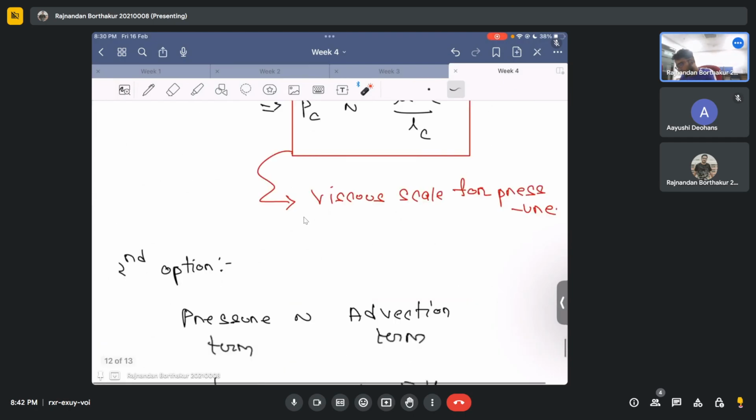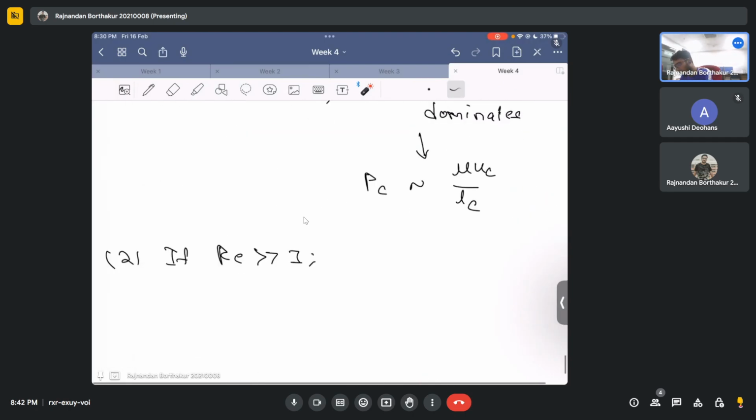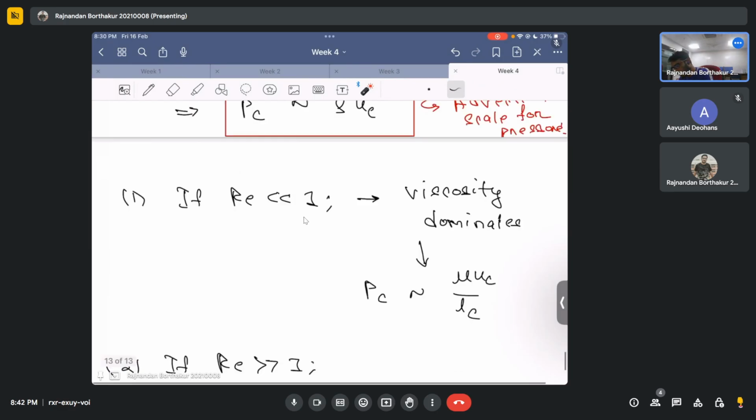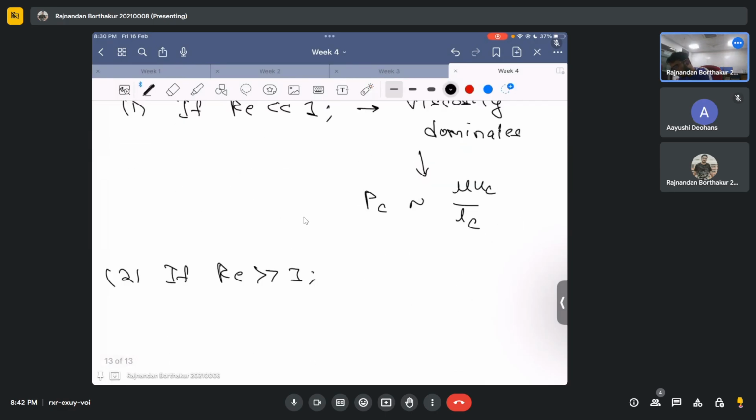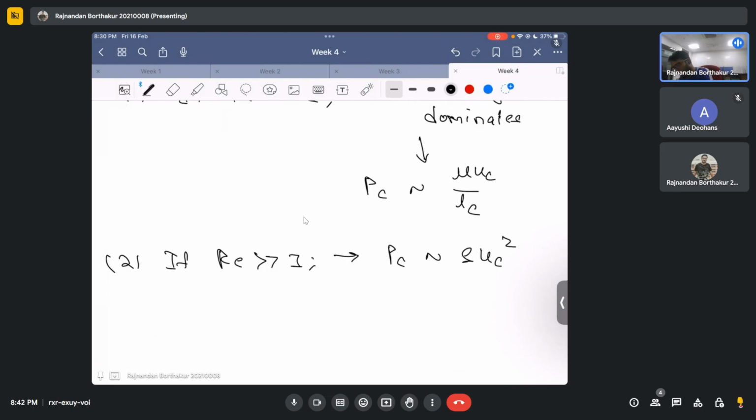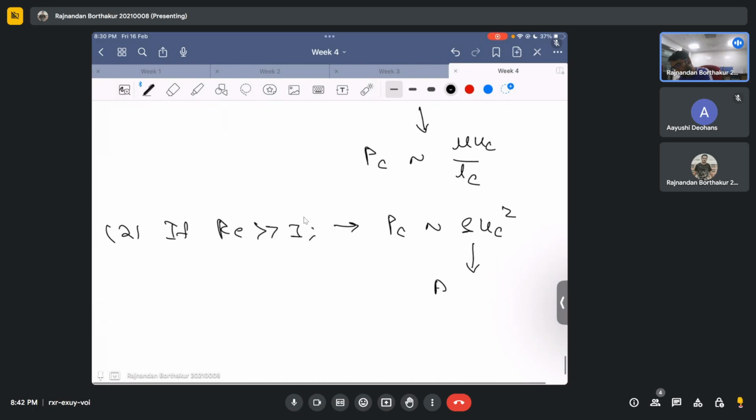Then our scale for pressure would be rho times UC squared, which is nothing but the advection scale for pressure.